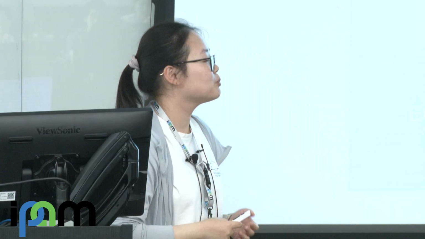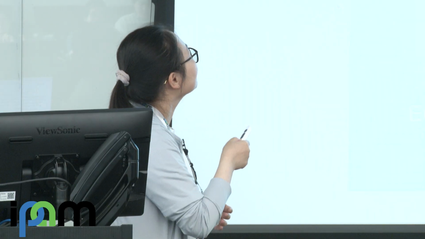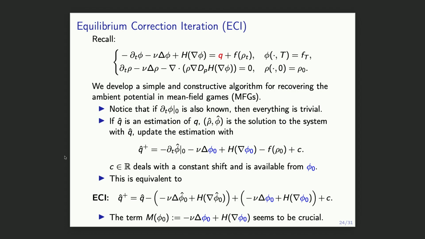So in this work, we don't have any theoretical analysis, but later you will see numerically it works pretty well. The idea of this algorithm is pretty easy. The previous complaint is I don't have the measurement of this partial t phi.